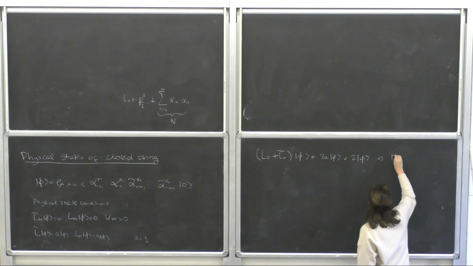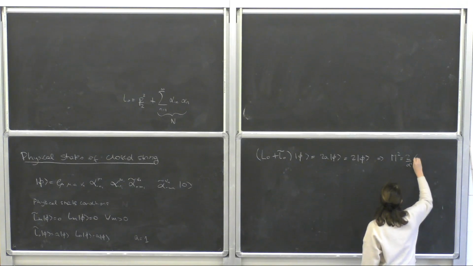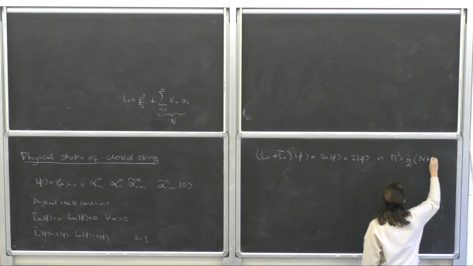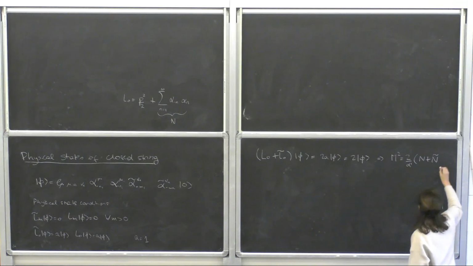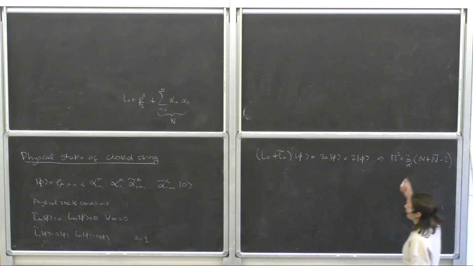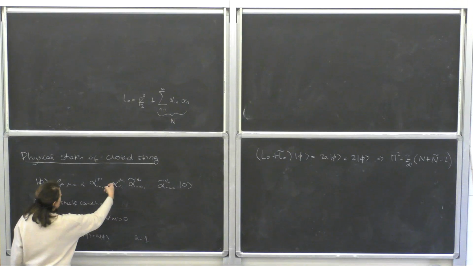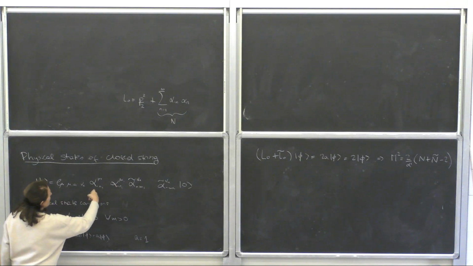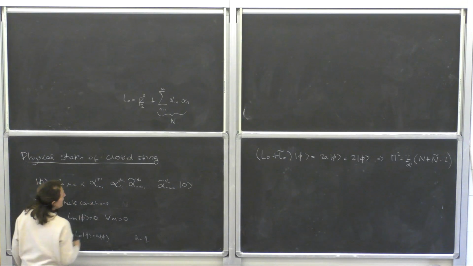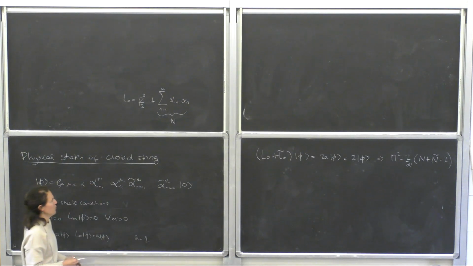So this will say that m squared is 2 over alpha prime, N plus N tilde minus 2, where N is the eigenvalue of the operator N, and N tilde is the eigenvalue of the operator N tilde. So all the n's that we have will be the sum of n1, n2 up to ni, and N tilde will be the sum of m1, m2 up to mk.